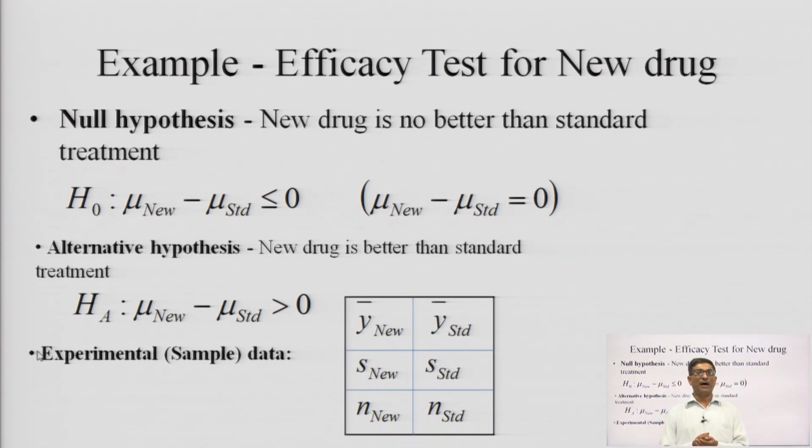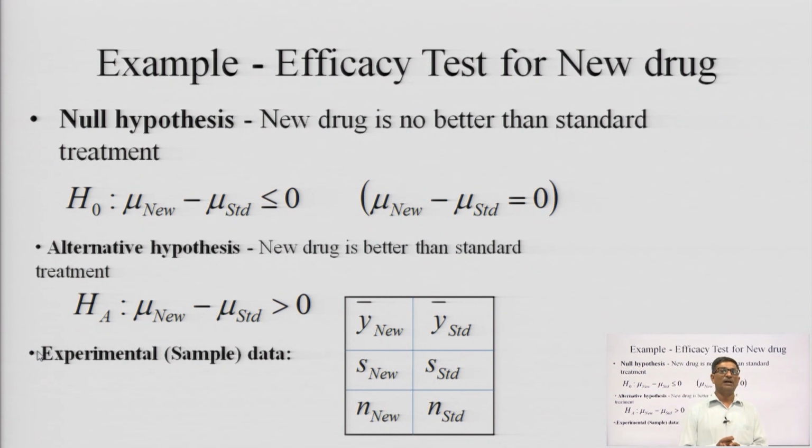and the sum are experimental sample data. For this example, y bar new is the mean of new treatment score, y bar STD is the mean of standard treatment score, S new is the standard deviation of new treatment, and S STD is the standard deviation of the standard treatment.